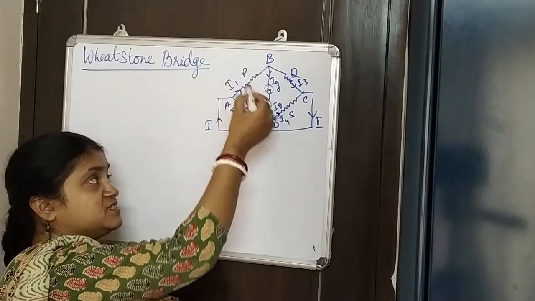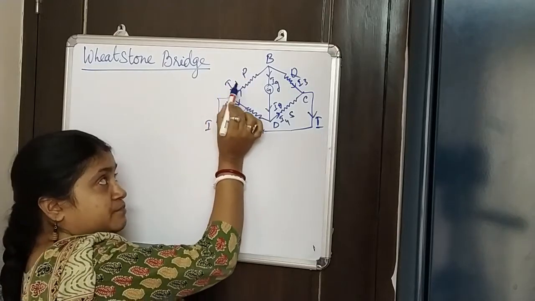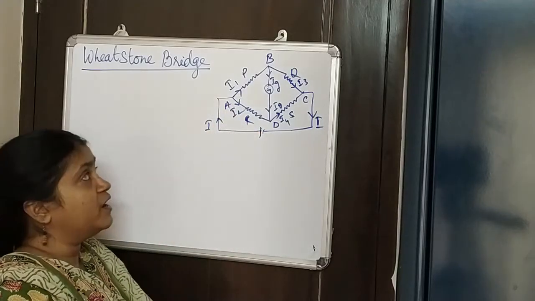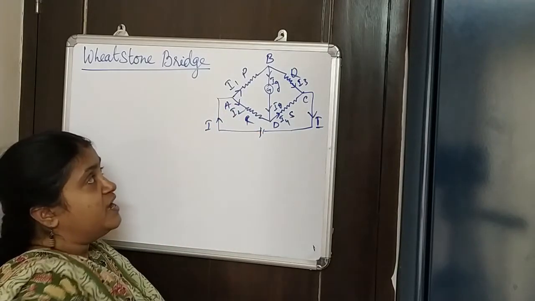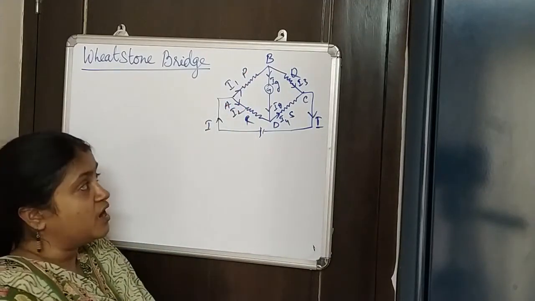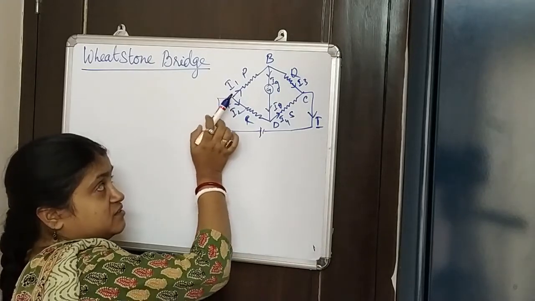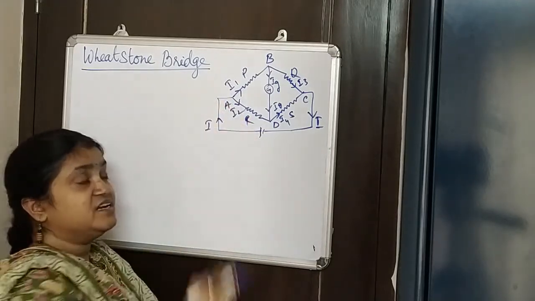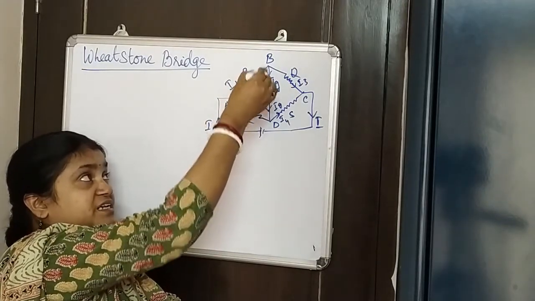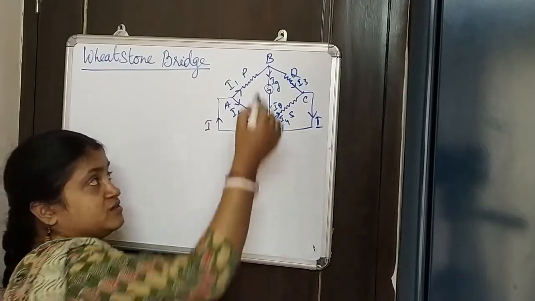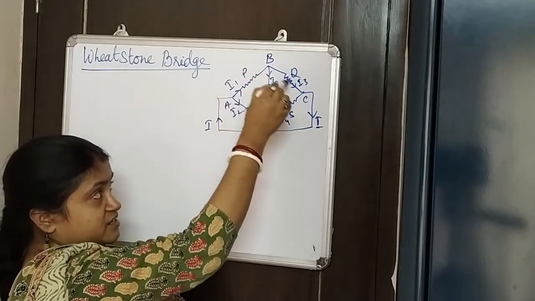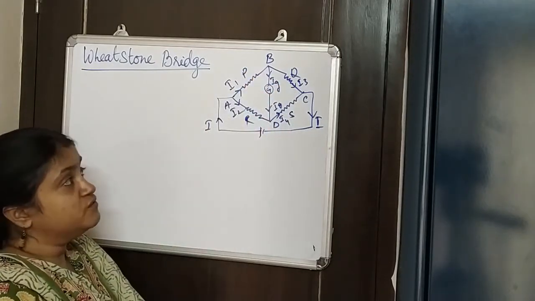So when you have the resistances P and R here, the current I divides into 2 parts, I1 and I2, and the I1 current passes through P, whereas the I2 current passes through R. After the I current gets divided into I1 and I2, this I1 passes through P. At point B, it gets further divided into 2: Ig, the current flowing through the galvanometer, and the rest of the current flowing through Q, which is I3.